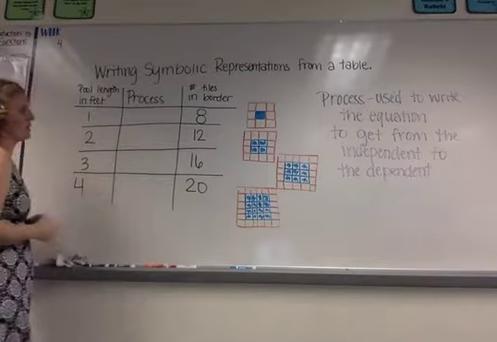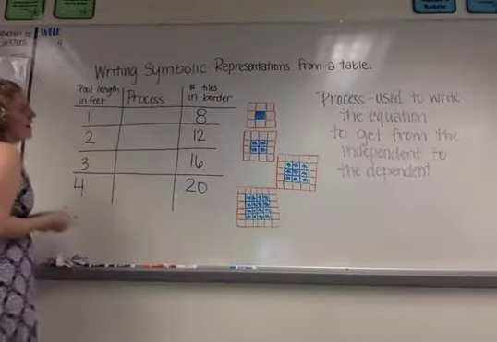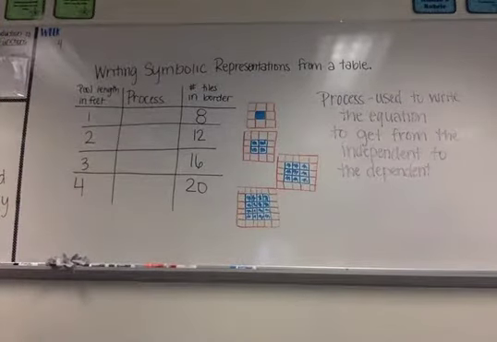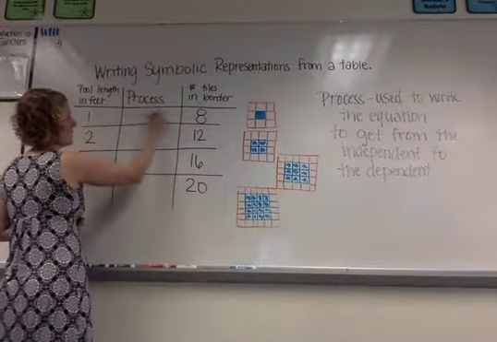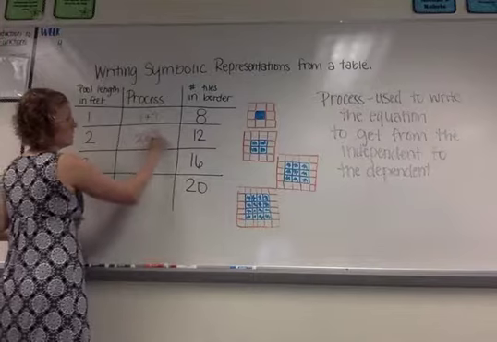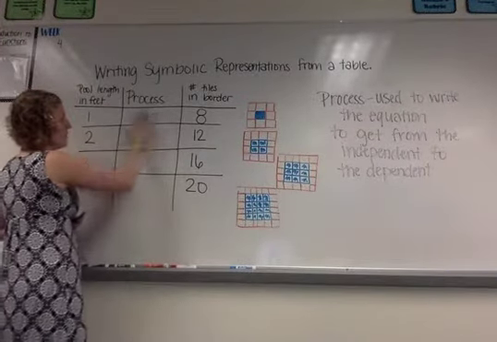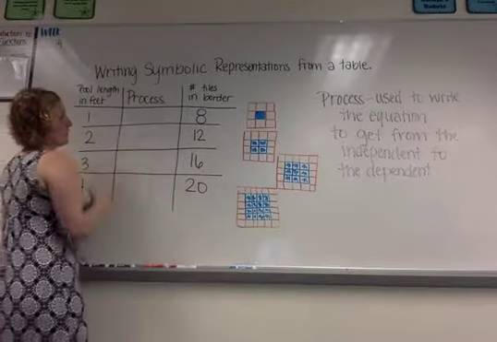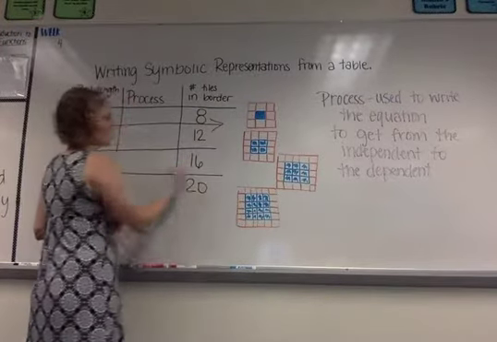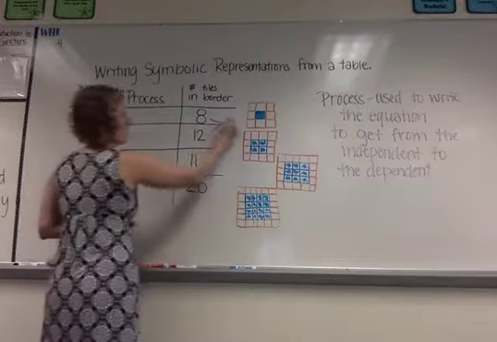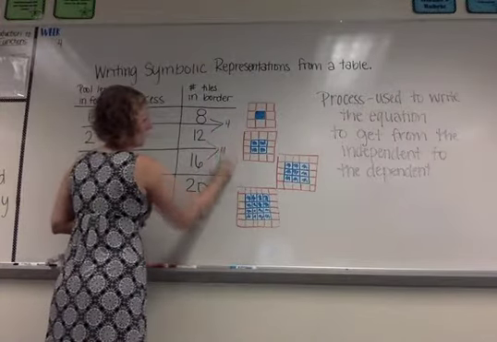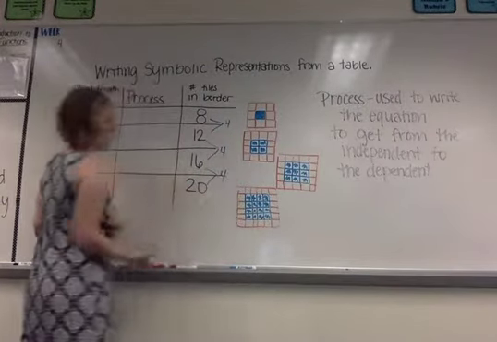Another way you could get from 1 to 8. Let's think. You could do 1 plus 7. But does 2 plus 7 give you 12? No, so that doesn't work either. The best thing to always do: you know that from 8 to 12 it went up by 4, from 12 to 16 it went up by 4, and from 16 to 20 it went up by 4.